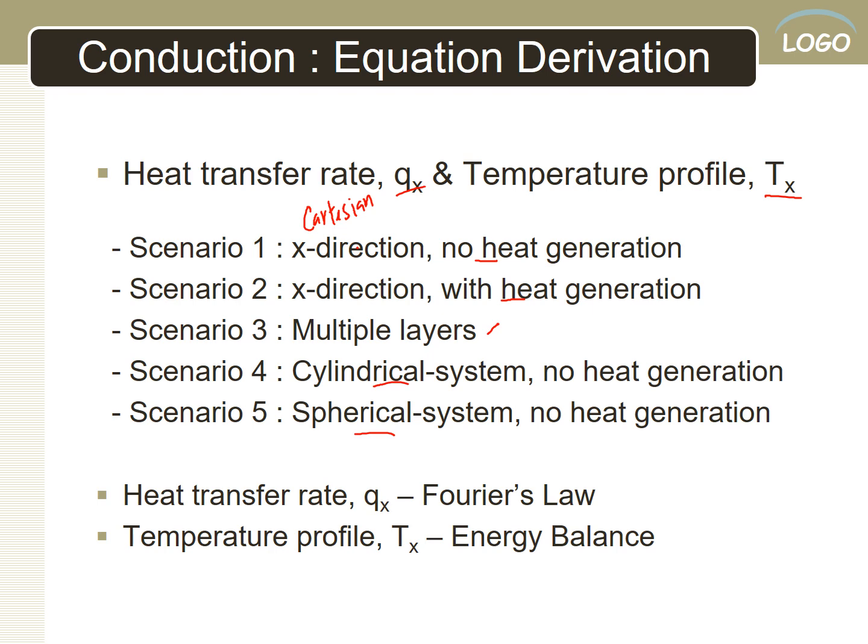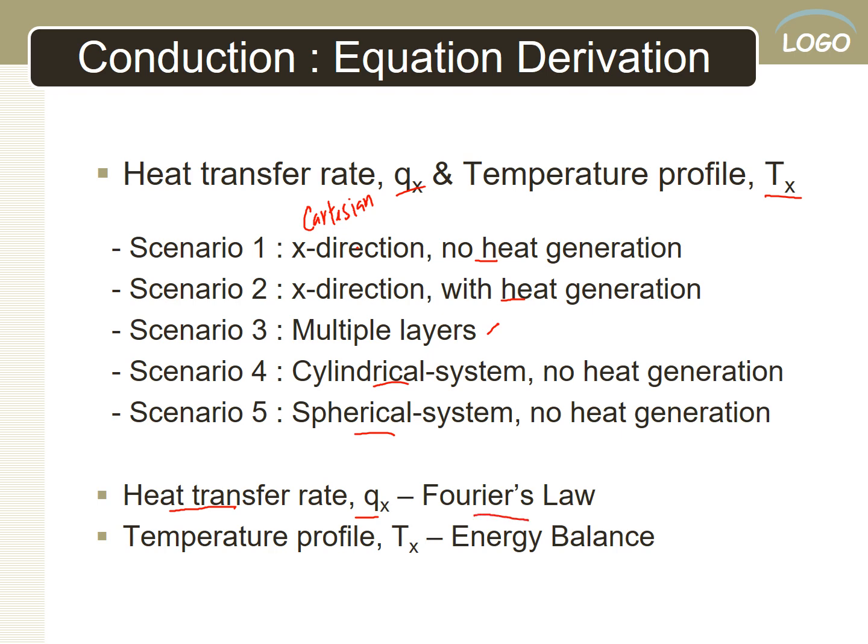And so for heat transfer rate, because when you want to derive equations, we need to start from a basic equation. I want you to bear in mind, in order to derive equations for heat transfer rate Qx, we always start from Fourier's law.